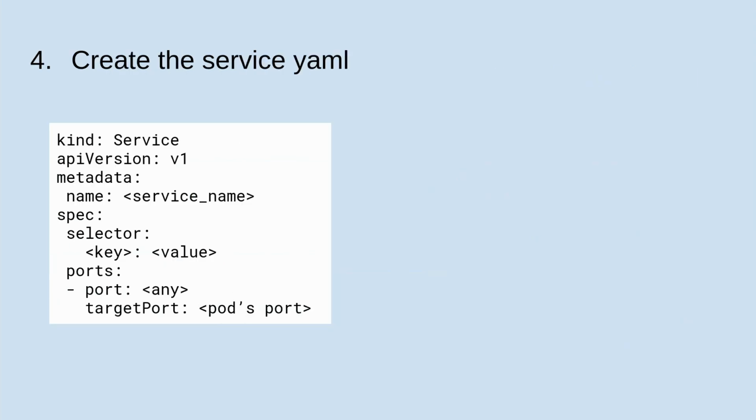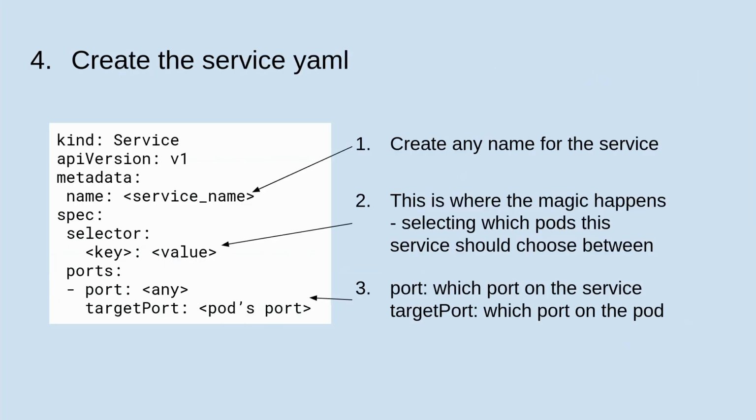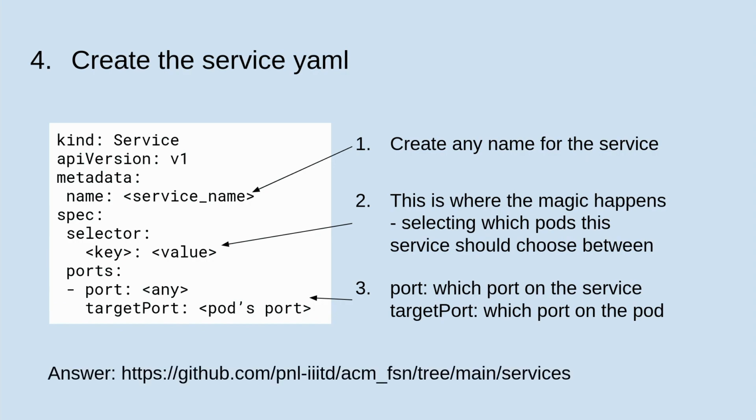If you're done with the client, you can now create the service.yaml. You can try filling in these paths on your own. You can try filling in the service from this spec, or you could look at the code in the GitHub repo we shared yesterday, where the service.yaml should be.